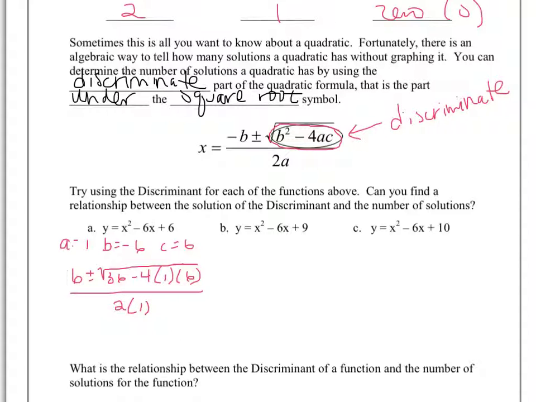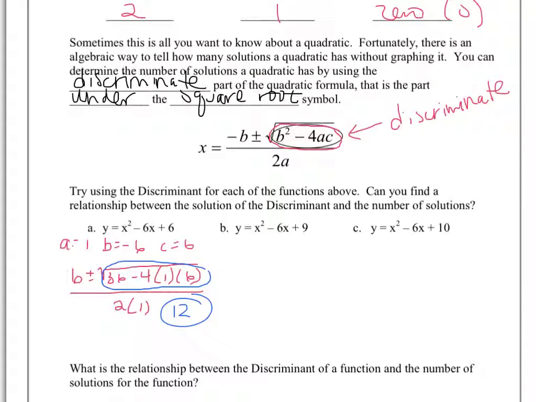Remember that the discriminant is just whatever is underneath the square root. So our answer here is 36 minus 24, which is going to be 12.